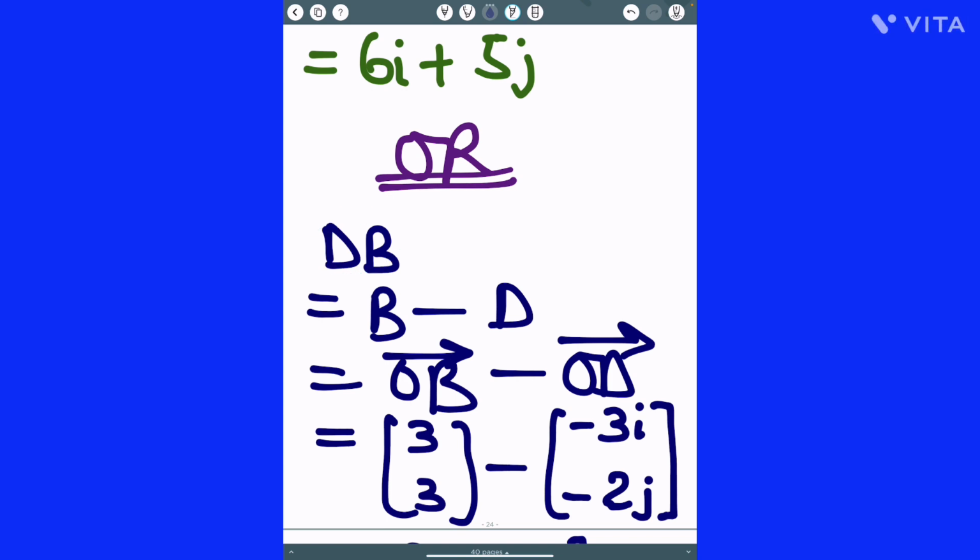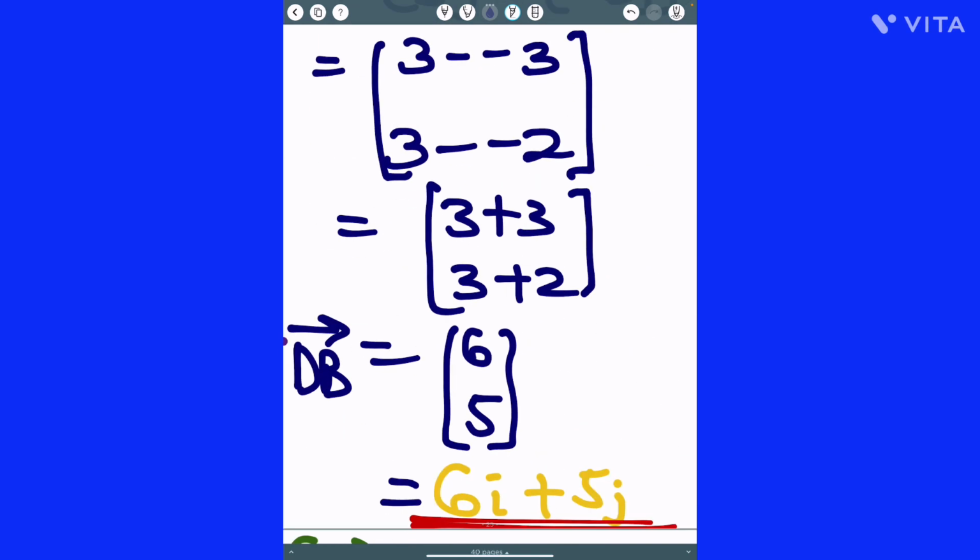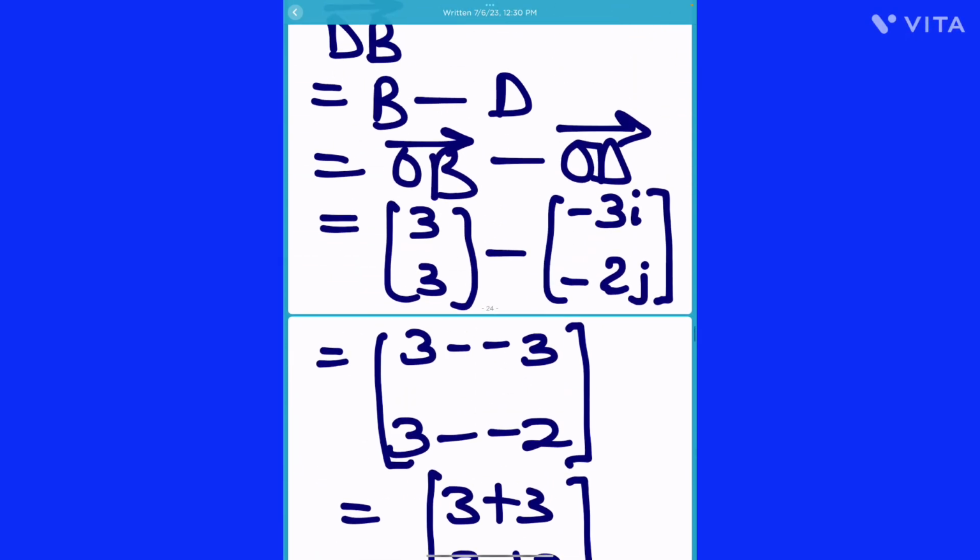Vector DB, let me put a direction sign there. Vector DB is B minus D. That's relative vector OB minus relative vector OD. So that's 3i plus 3j minus 3i minus 2j. In the column form, I'll be adding corresponding coordinates.